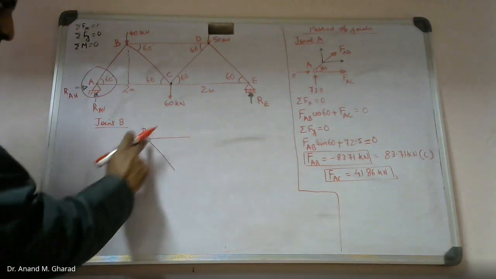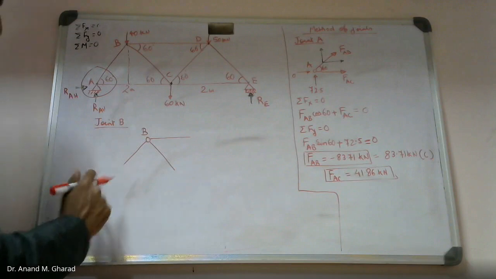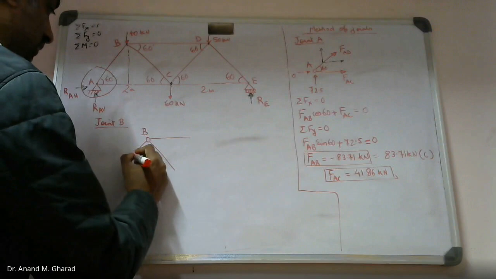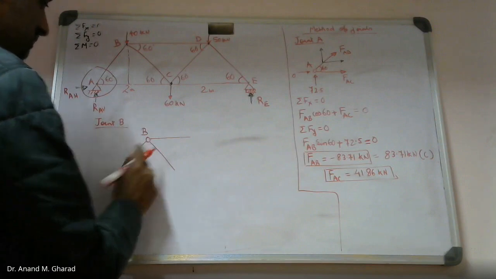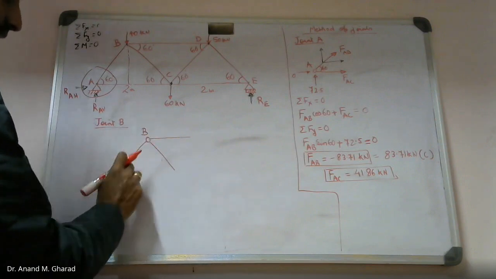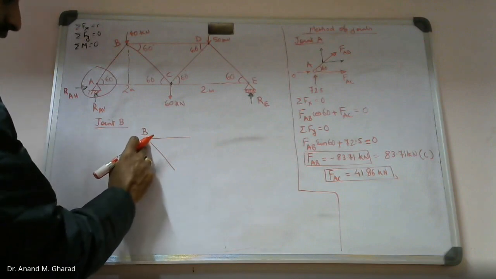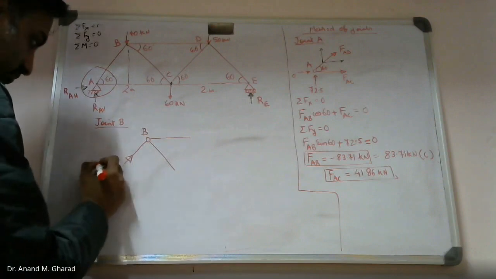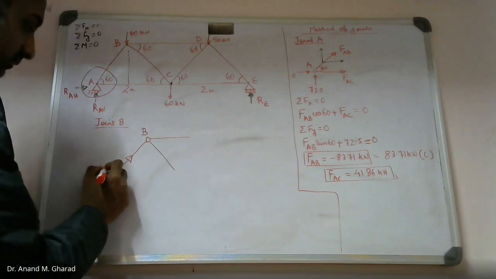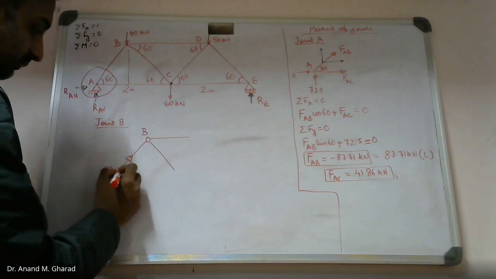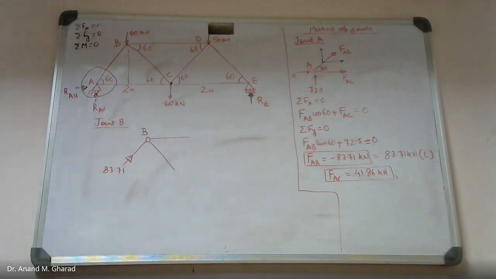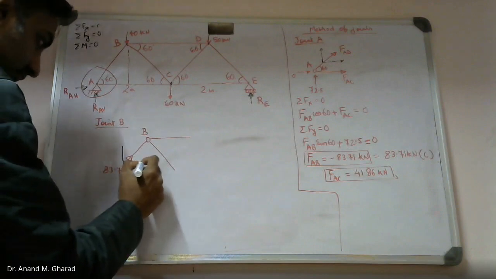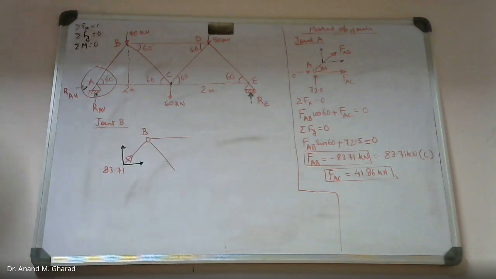This came out to be compression force, isn't it? So you can represent the direction of the arrow accordingly. Compression is nothing but towards the joint. The arrow which is facing towards the joint will be a compression force. Okay. So this member force came out to be 83.71, which you can resolve.